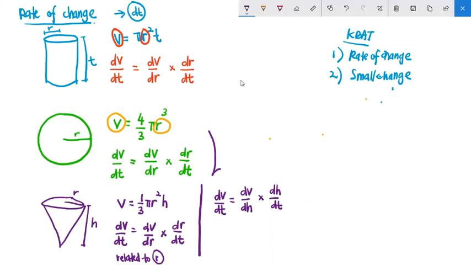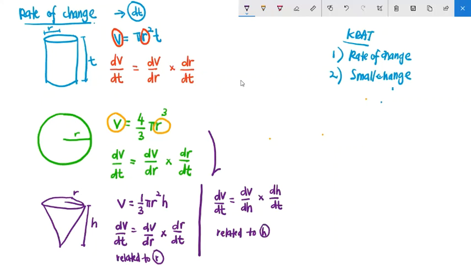Okay, depends on equation. Depends on the questions. Dia nak R or height. Okay, this one if related to H. Sometimes lah dia tak selalu keluar tentang regarding H.